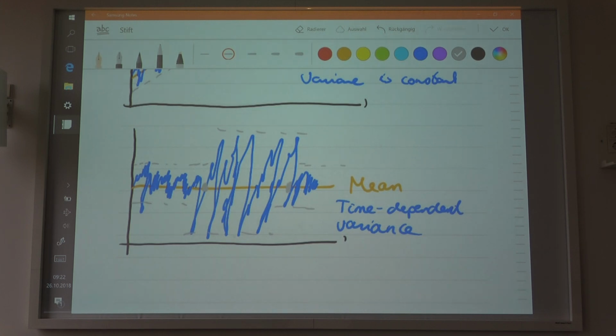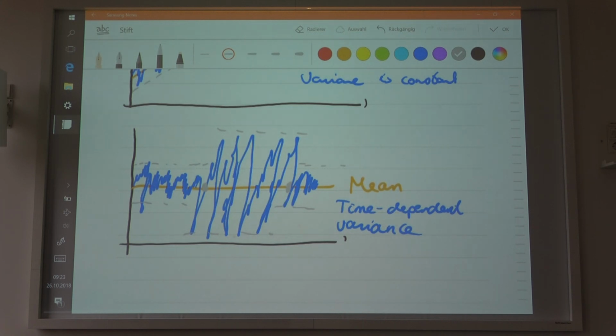There are tests for this, so you can test whether or not the process is stationary. We will learn that, but first we need to recognize what it means. You understand this?